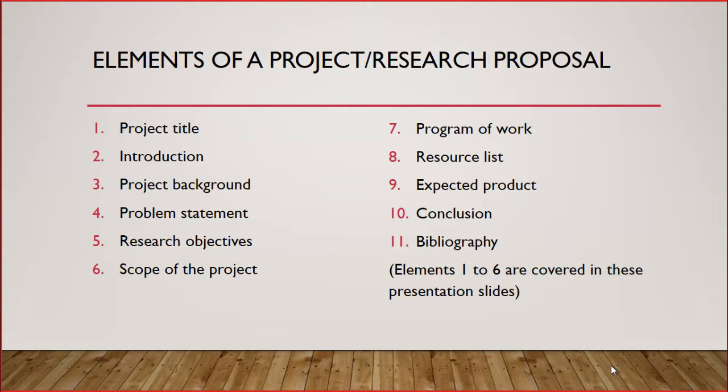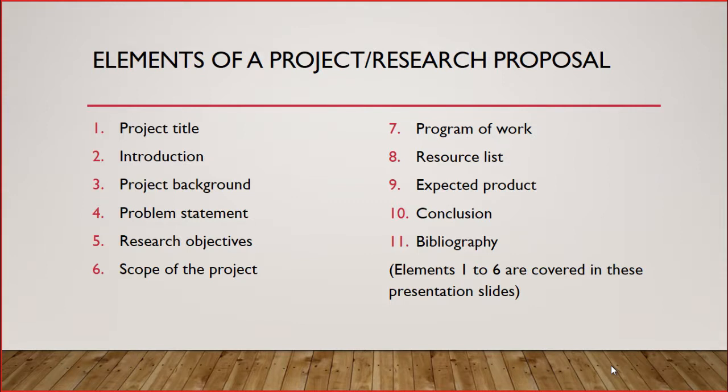Number 4, we have problem statement. Number 5, research objectives, or sometimes just called objectives or project objectives. Number 6, scope of the project. Number 7, program of work. This is your work plan, what you plan to do from the beginning until the end.